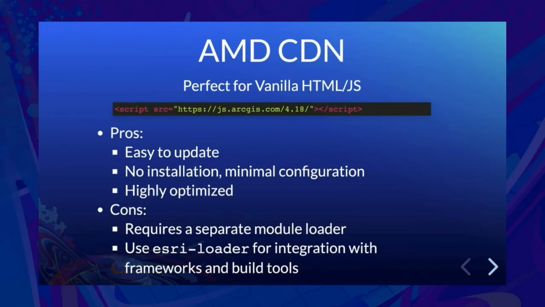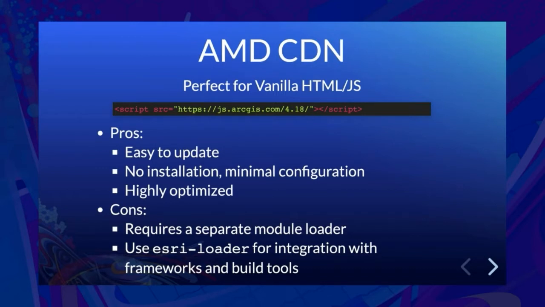The AMD CDN, which is implemented through this familiar script tag, is perfect for vanilla HTML and JavaScript applications. It's super easy to update. You simply increment the number for the version of the JavaScript API. The next time your users reload the application, they automatically get the updates. There's no installation necessary.